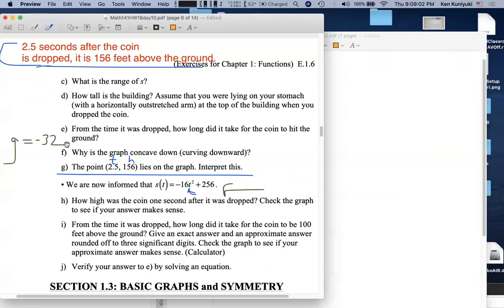Is that the question? Where the negative 16 came from? Yeah. You're solving a second order differential equation where the gravitational constant of acceleration is negative 32 feet per second per second. Okay. And why is it halved? It's from the integration. The integral of negative 32 is negative 32t plus c. The integral of that is negative 16t squared plus ct plus d. Got it. Thank you.